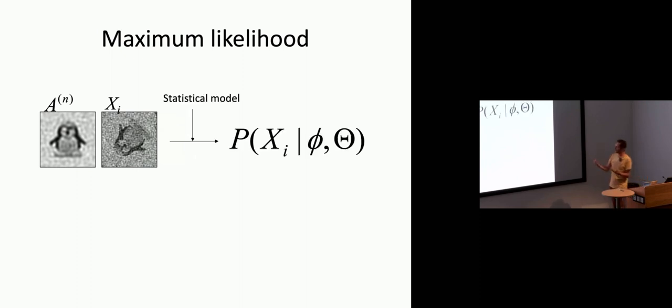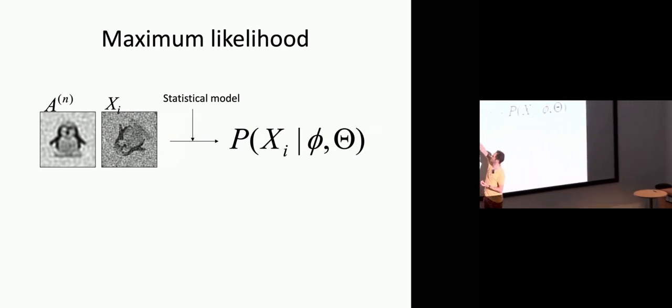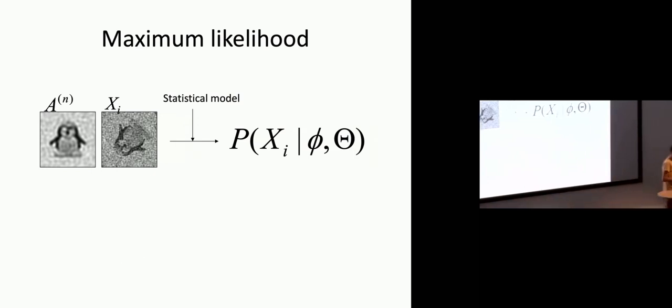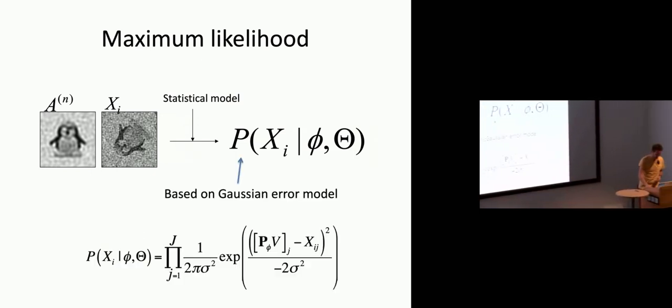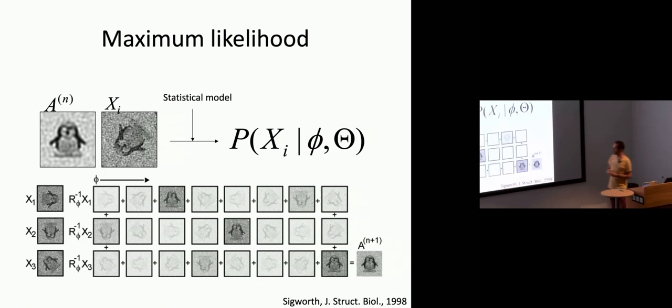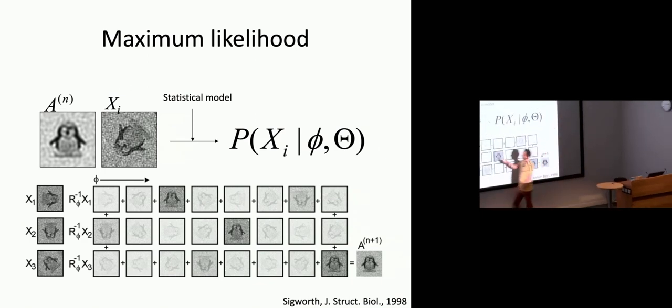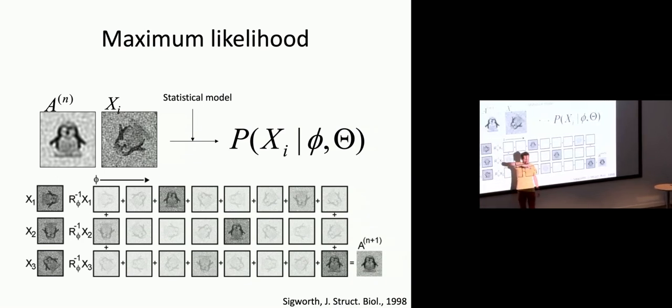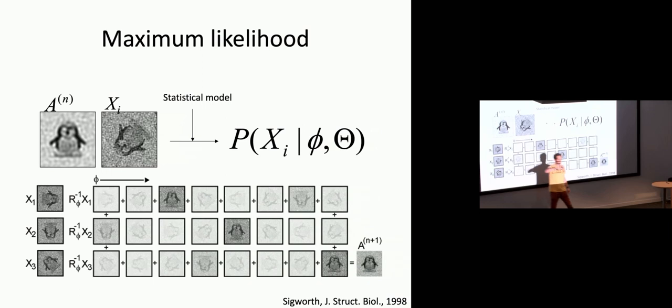And given this model, I can then calculate the probability of observing this image given this reference in any of the orientations that are possible. And what I'm now going to do is calculate for each experimental image, going again through all the rotations. That kind of comparison with all the rotations of the references is still necessary. And for every orientation, I'm going to calculate this probability.